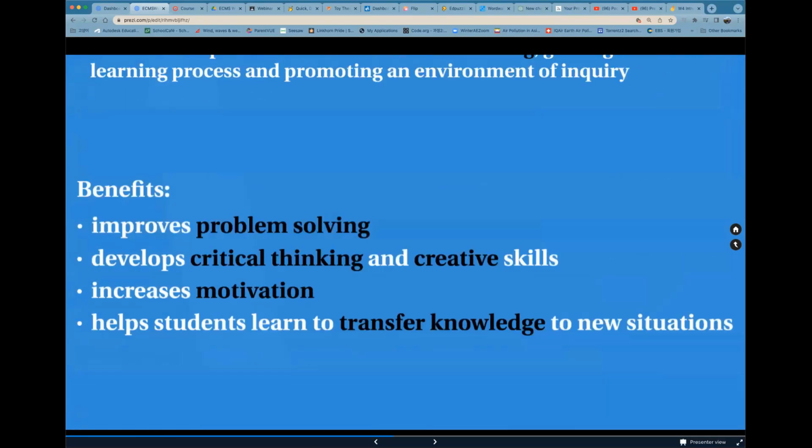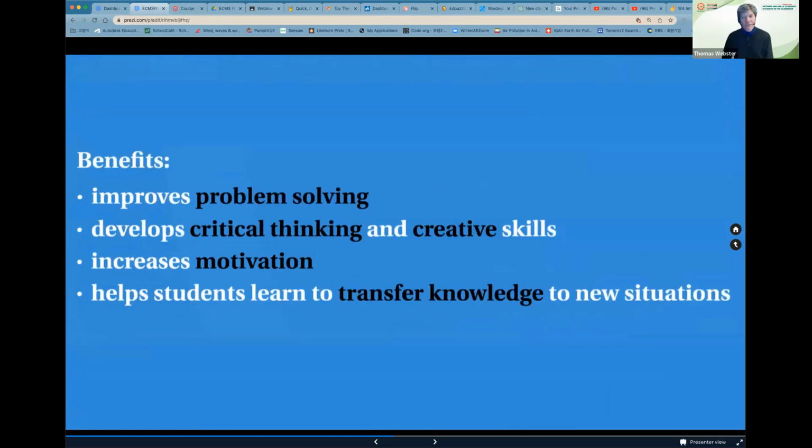And I talked about the benefits, and all of these benefits are transferable. So they're not just teaching them for this lesson or for this class, but they can use this in all of their classes and in their life, actually. It's very transferable, these basic skills that they need to be better thinkers.